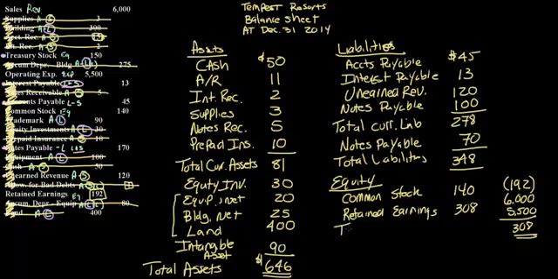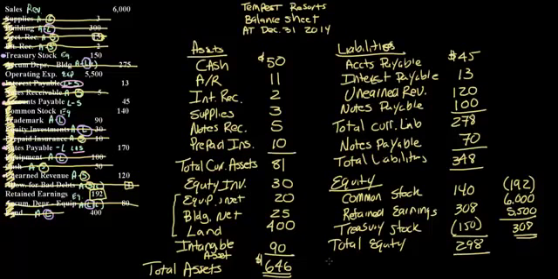Treasury stock. We can talk about what treasury stock is in class. Treasury stock, we're going to record this as a negative because it's stock you've bought back of your own company, and that's $150. So our total equity then is $298.